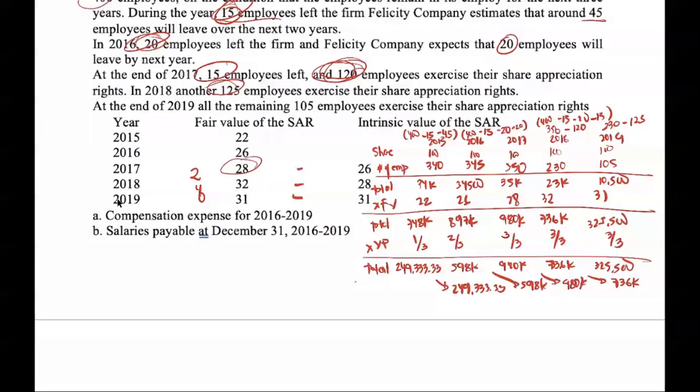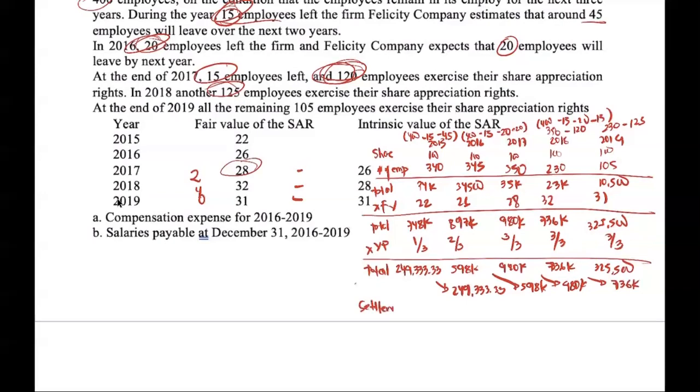And then we have your settlement. Na-compute na yung settlement natin kanina, no? Our settlement a while back was computed as 24,000, I think, and 50,000. Okay, so we have here 249,333 for 2016 and 2015, 249,333.33.